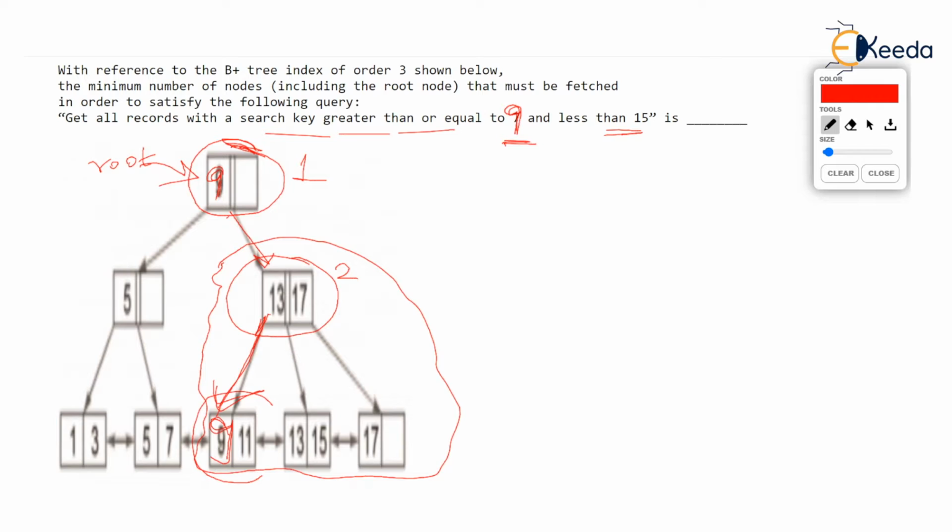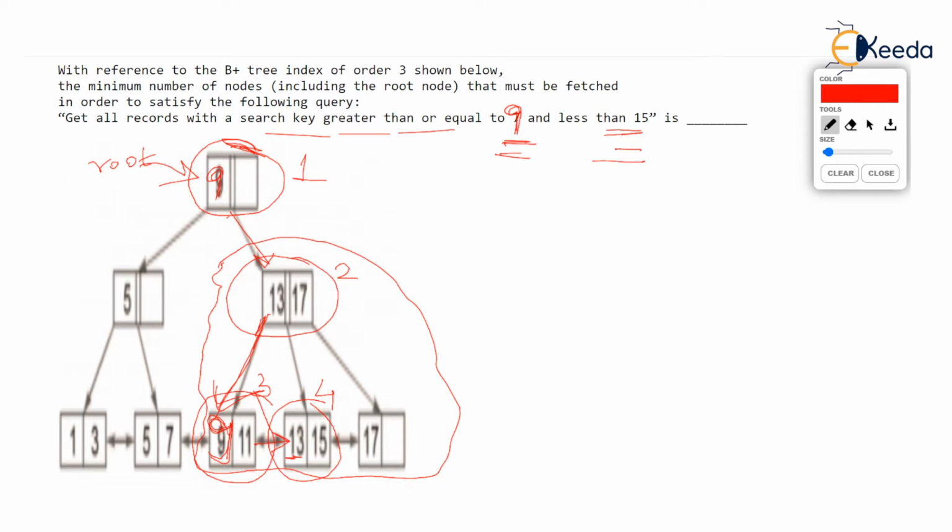The query was, I changed the question, isn't it? 9 to 15 we want. So 9, 11, this is third node fetched. Then using next pointer, we will reach the node which stores 13, 15, and we will then take 13 and leave out 15 because we want less than 15, but still we have fetched 4 nodes. Then if the question was 9 to 15, rather less than 15, then number of nodes would have been 4.